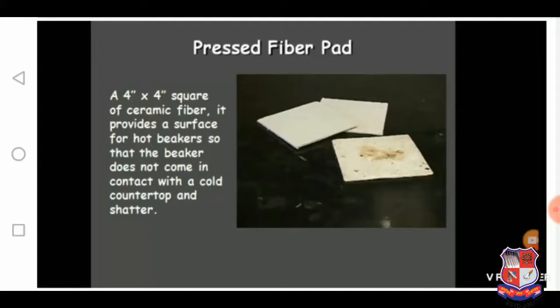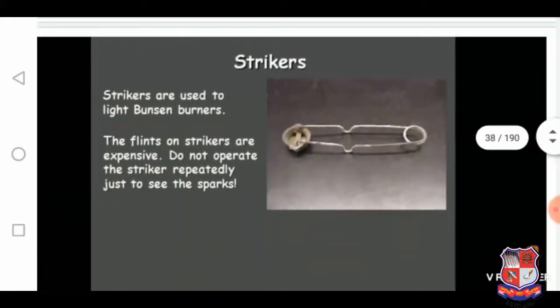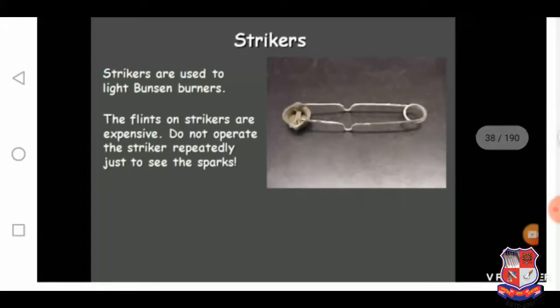It provides a surface for hot beakers so that the beaker does not come in contact with the cold countertop and shatter. Strikers are used to light Bunsen burners. They are lighters too, and do not operate the striker repeatedly just to see the sparks.